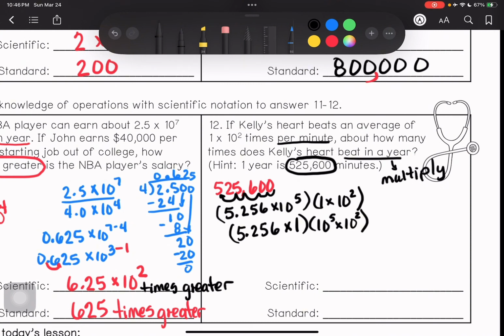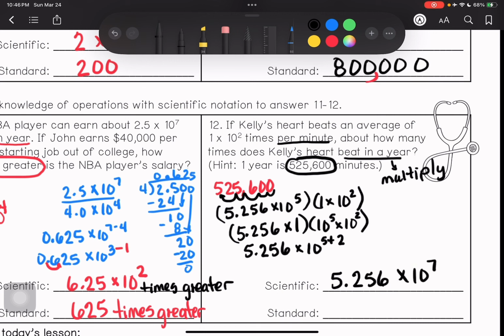Now I know that any number multiplied by 1 will give me that number, so that doesn't change. And when I'm multiplying with the same base, I add the exponents. So in scientific notation, it's 5 and 256 thousandths times 10 to the 7th power.